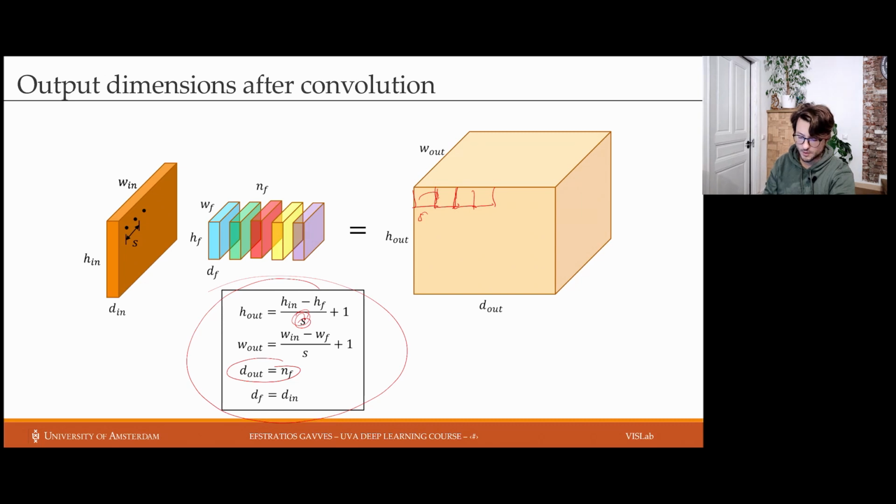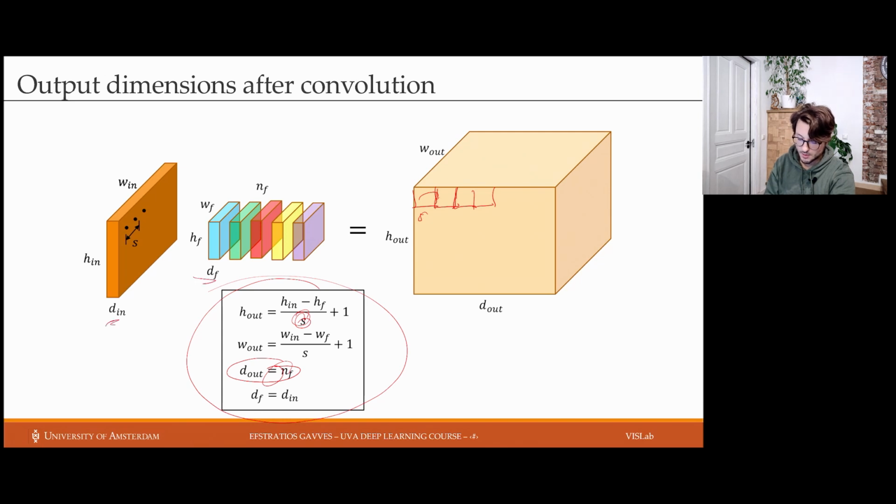Typically, the depth of the convolution, so the number of channels of the convolution, is equal to the number of channels of the input.